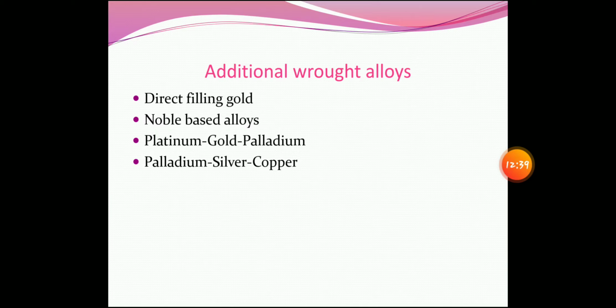Basically they are cast metals, but they are brought to a workable or wrought consistency. Usually the crude metal is direct filling gold, which I think has already been covered in the conservative classes. And the other two are platinum gold palladium and palladium silver copper, which are of less interest for the UG section, so I have not mentioned much regarding them.